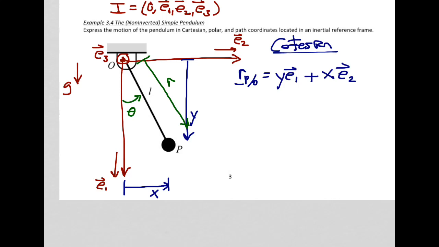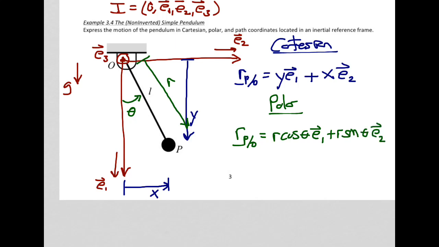And so in polar coordinates, r of P with respect to O is going to be r cosine theta in the E1 direction, plus r sine theta in the E2 direction.